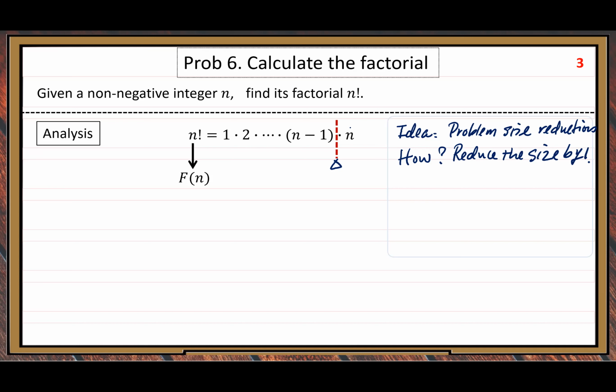After that reduction, how to represent this part? We have the definition, n factorial, capital F of n. Can we use this function to represent the product at the left-hand side of the vertical bar, where we chopped off the last operand?